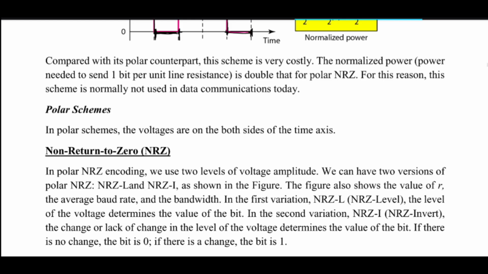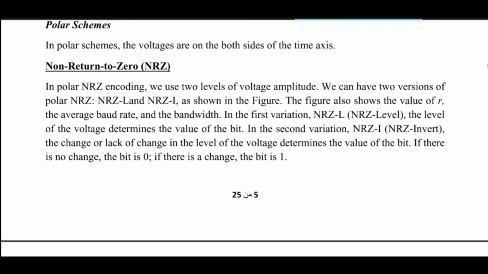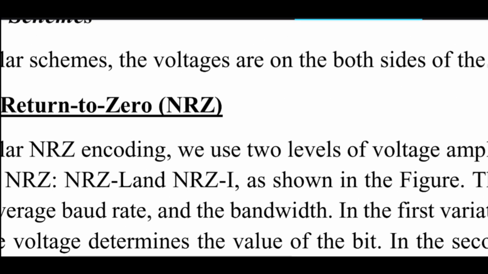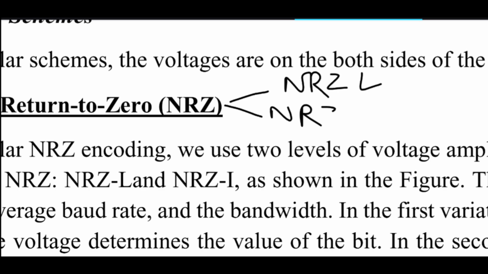Then here is the polar scheme, non-return to zero model. Here there are two models of non-return to zero. One is NRZ-L, the level model, and the other is the NRZ-I model, where I means invert.